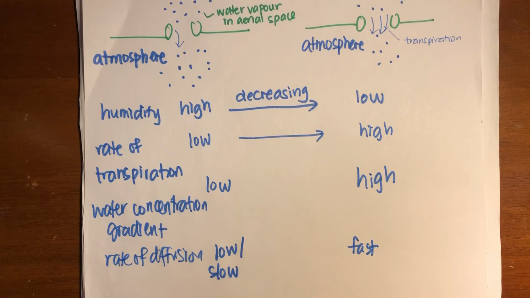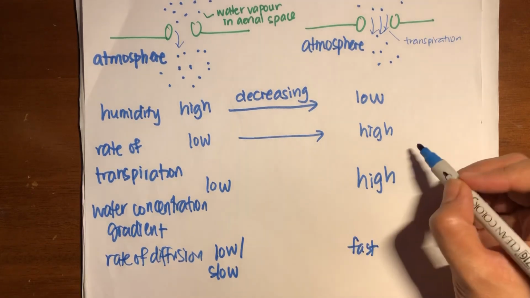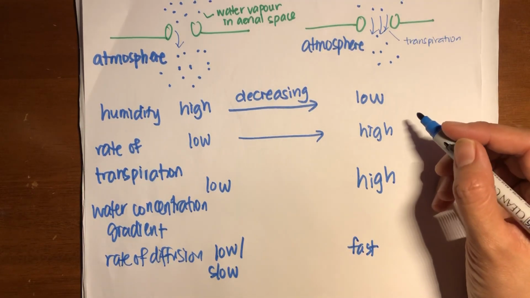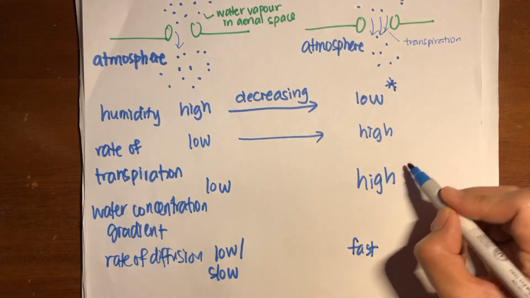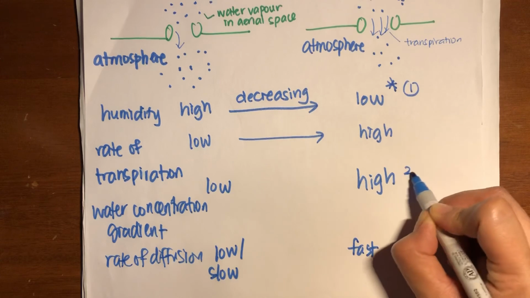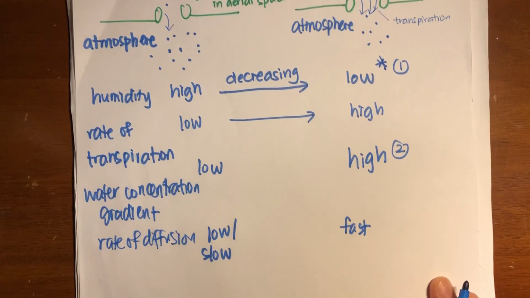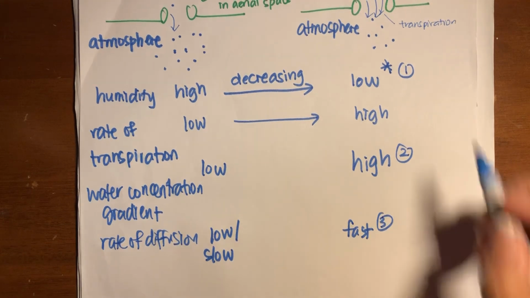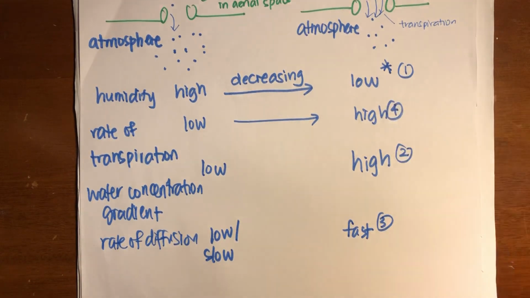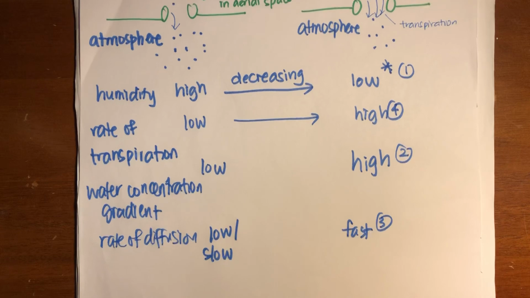So that's the reason why when you have a decrease in humidity, you increase the water concentration gradient, you increase the rate of diffusion, and therefore you increase the rate of transpiration.